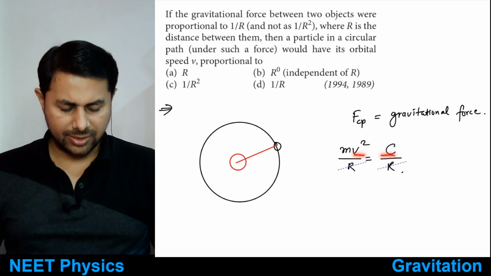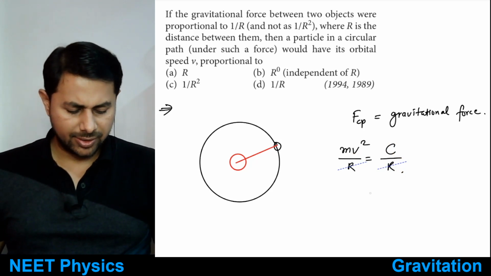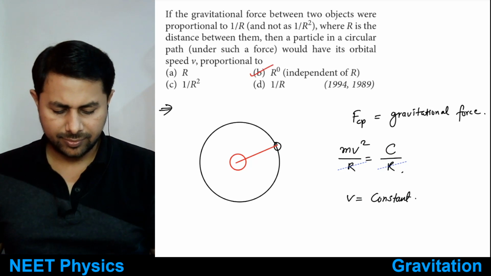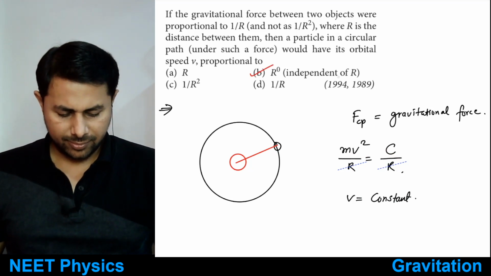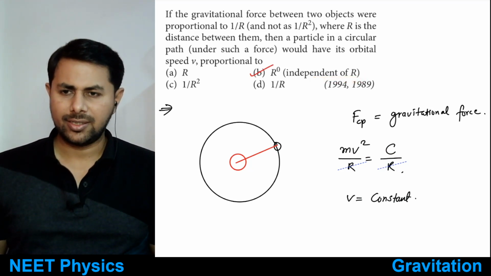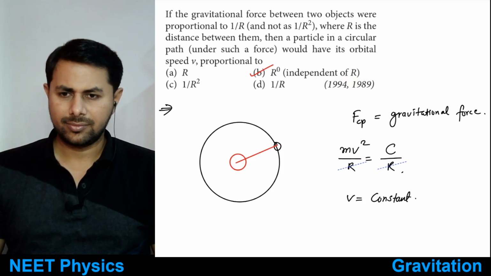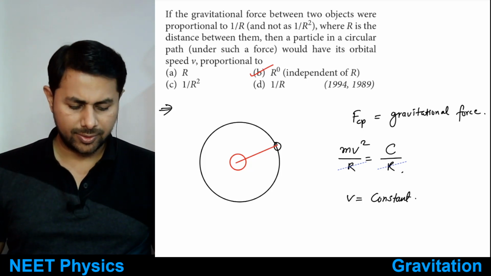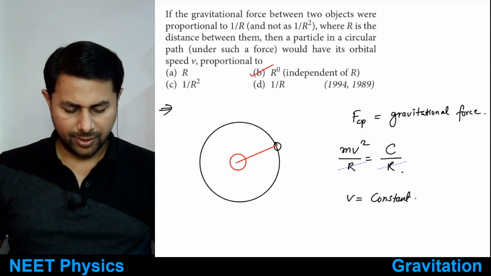So mv square is a constant, means v is constant. So it is independent of r, right? This thing is clear. Okay, very good. So this is also a simple question.